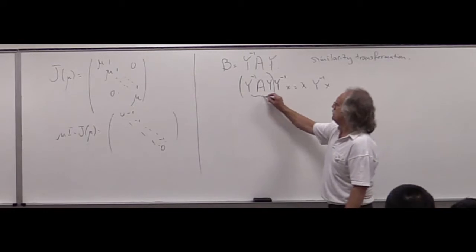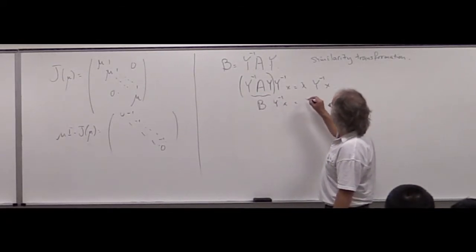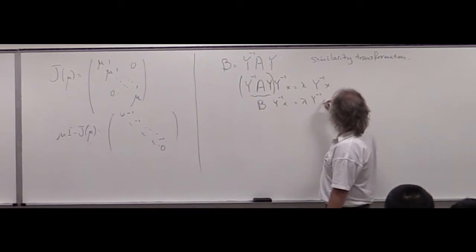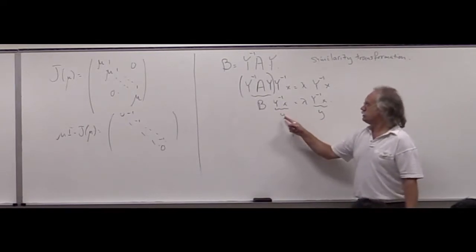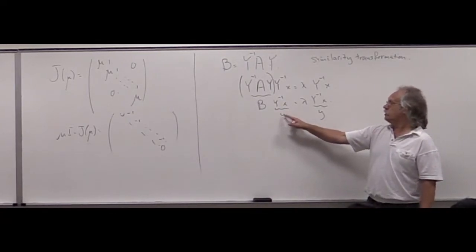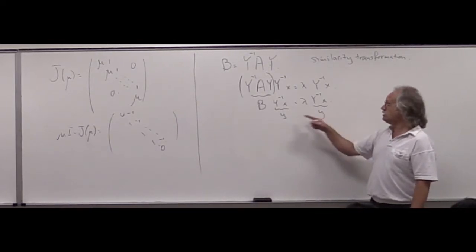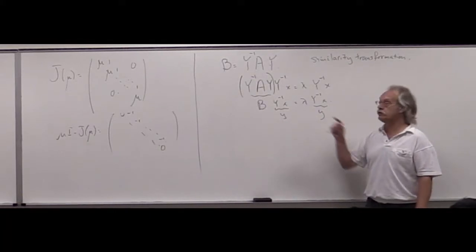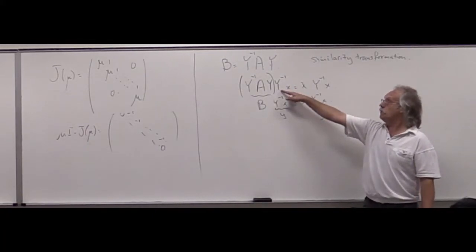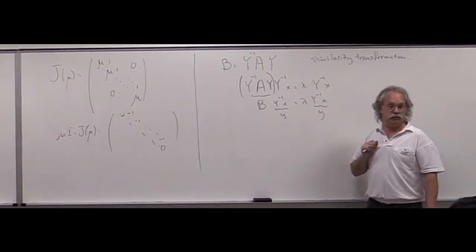And what you get is matrix B here, such that if you multiply this, you get lambda times y inverse x. And then you can call this y. And what you've done is found a vector that is an eigenvector associated with lambda. And you know that that's not a zero vector if x is not a zero vector, because we're clearly assuming that y is invertible, and therefore this cannot be zero.